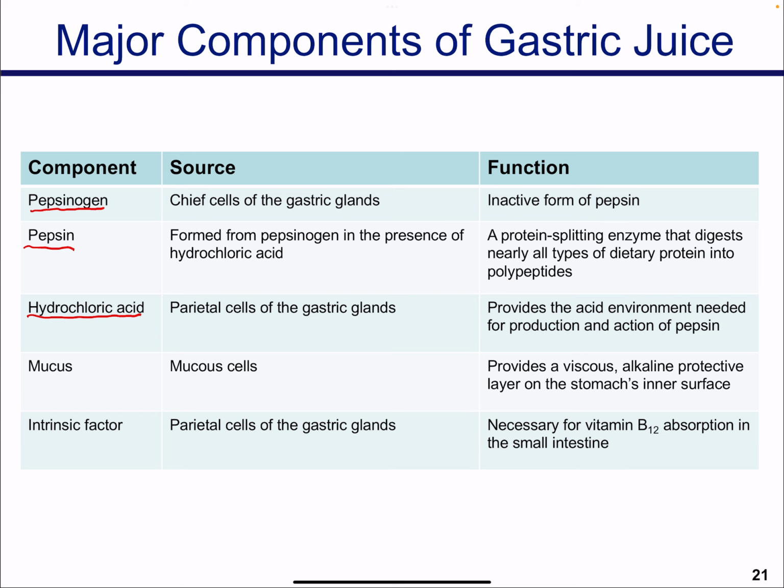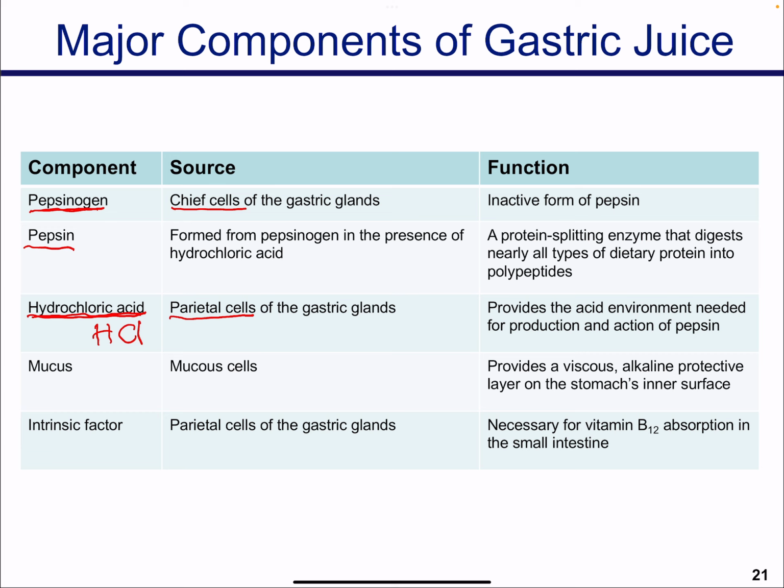Now, what I did not say, it's that pepsinogen is produced by some cells in the stomach called chief cells, right? While hydrochloric acid, HCl, is produced by some cells in the stomach called parietal cells. The chief cells produce pepsinogen, while parietal cells are going to produce hydrochloric acid.